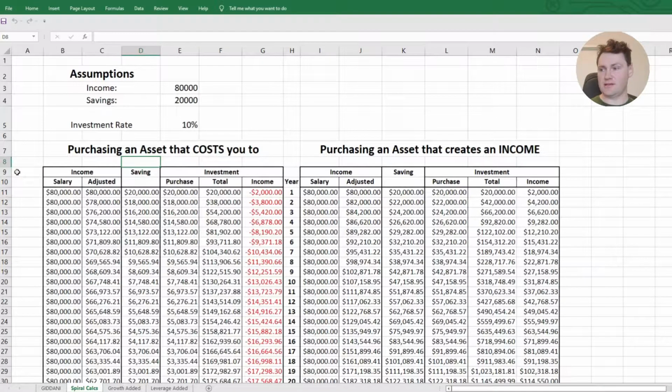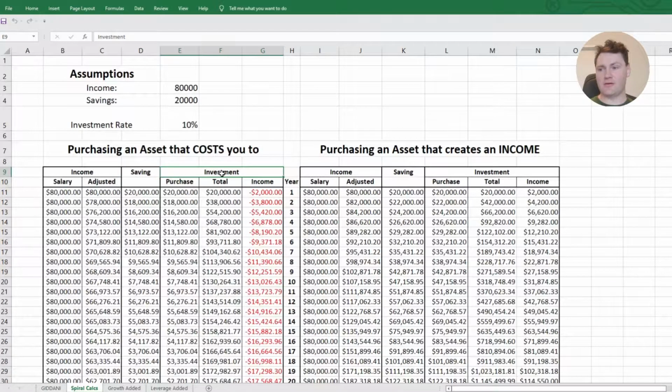What you can see is that I've split this particular table up into the income that you earn, which is broken into the salary, the raw salary that you get, and the adjusted salary you have after having to use your income to service the assets or maintain those assets in your portfolio. The next major category here is savings. So what is the savings amount that you get based off the income that you're receiving?